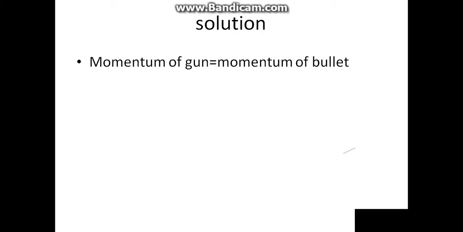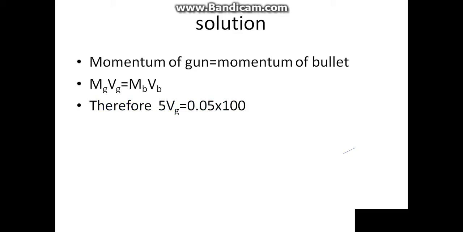Solution. Momentum of the gun is equal to momentum of the bullet. mg vg is equal to mb vb. Therefore, the mass of the gun, which is 5, times the velocity vg, which is not known, is equal to the mass of the bullet, which is 0.05, times the velocity, which is 100 meters per second.